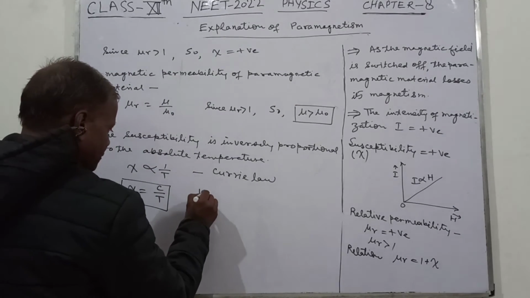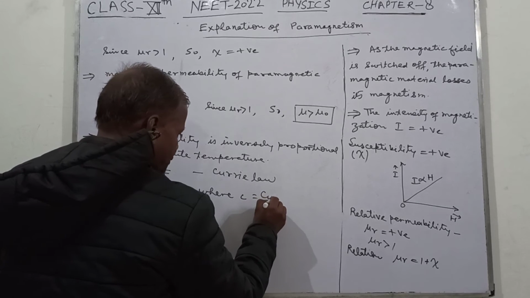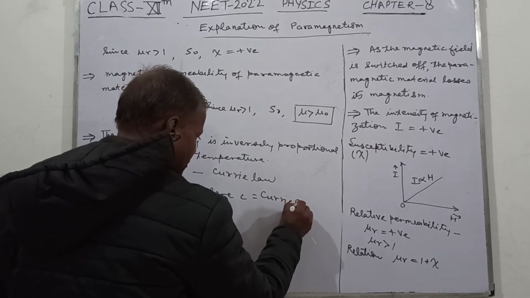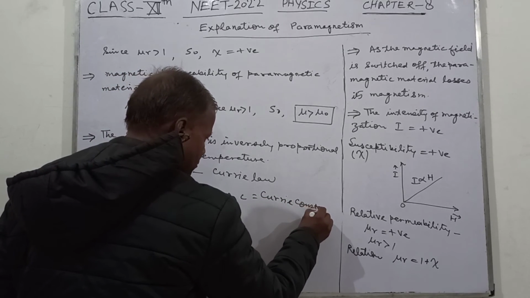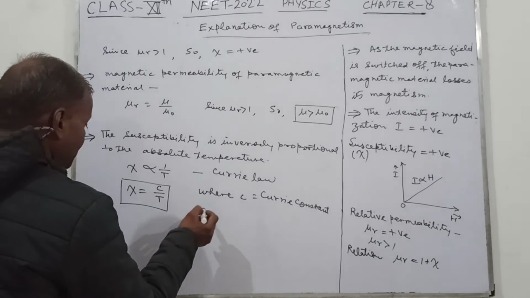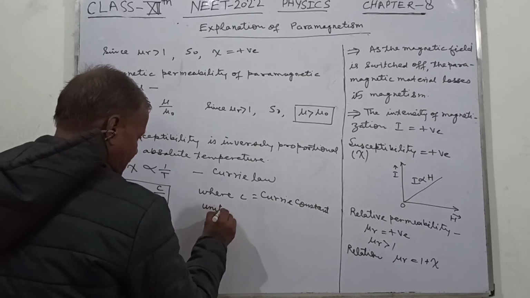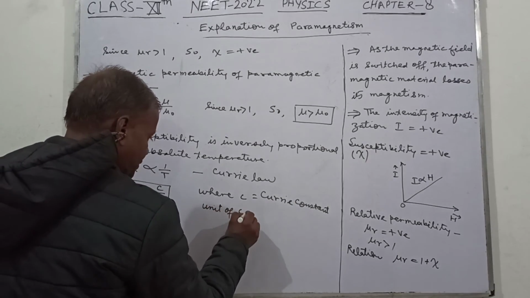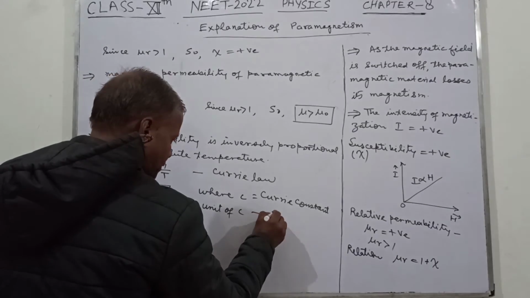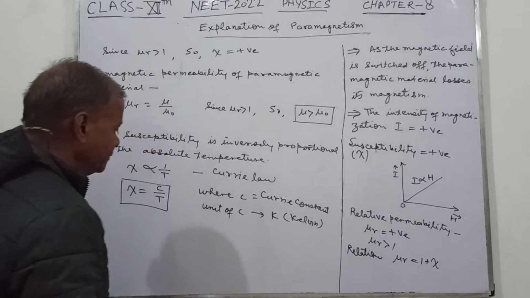This C is the Curie constant, and it has the unit of Kelvin. Unit of C is K.